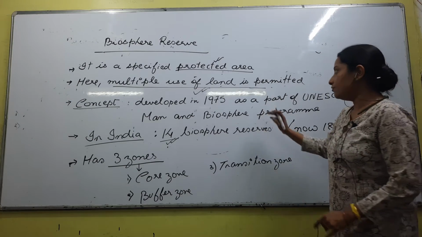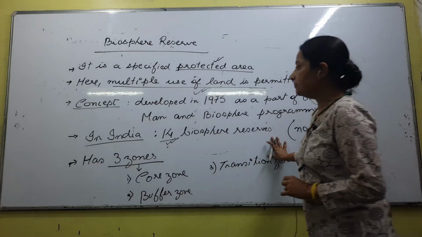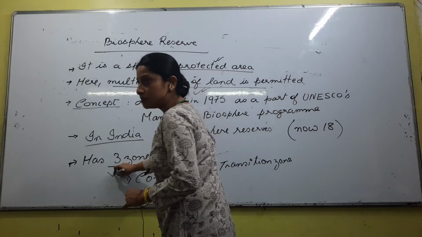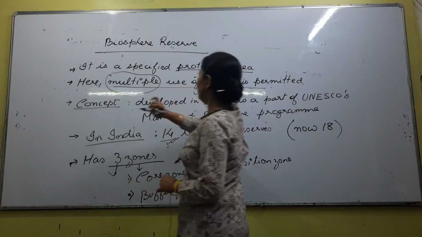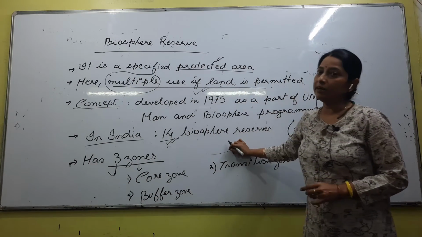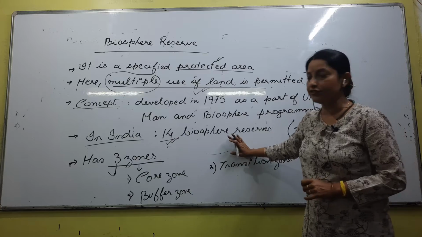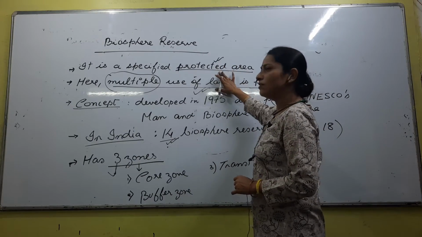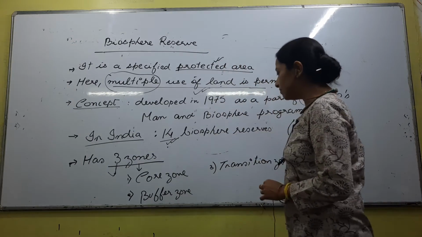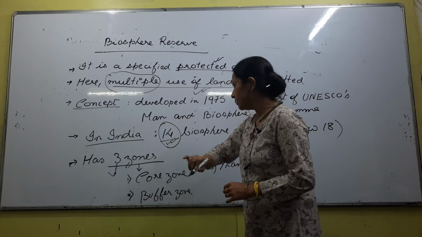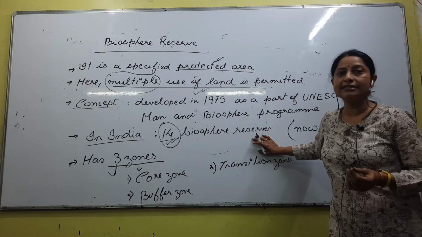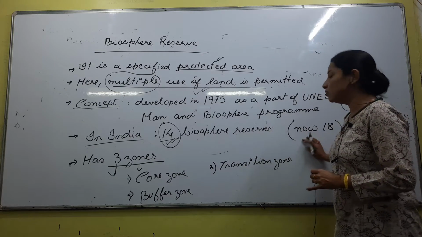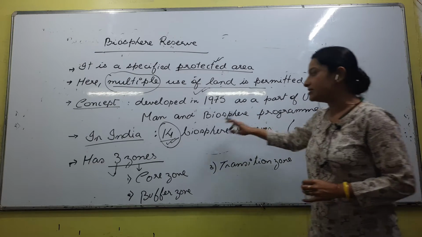Okay, from these points that we have written, how many zones? First point. Second is this: multiple use of land is permitted in a biosphere reserve. Next, what is a biosphere reserve? Obviously, it's a protected area, nothing to remember. Next, the number of biosphere reserves in India, because we'll go by the NCERT, and according to the NCERT it is 14 in India. No doubt we know now it's 18, but in spite of that we'll be studying only 14.